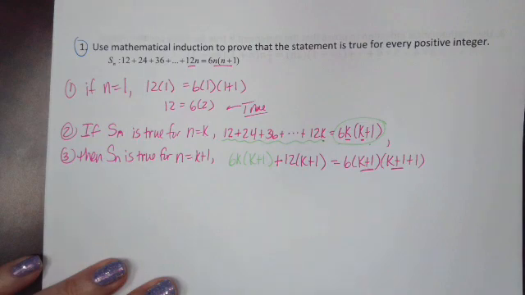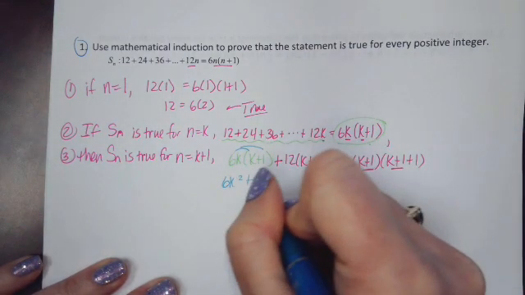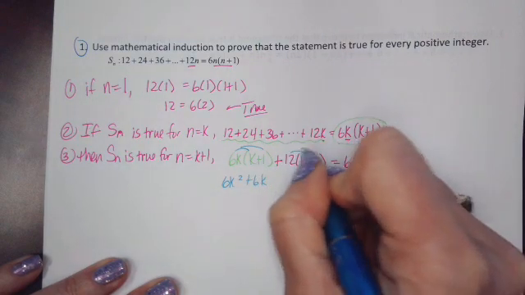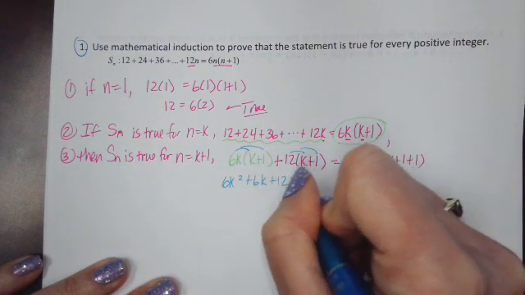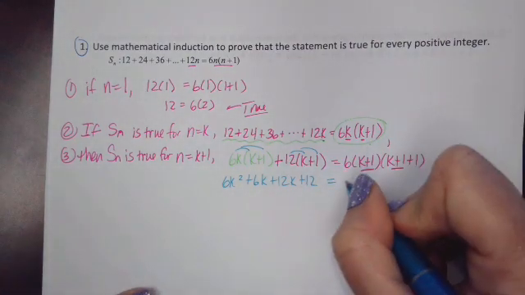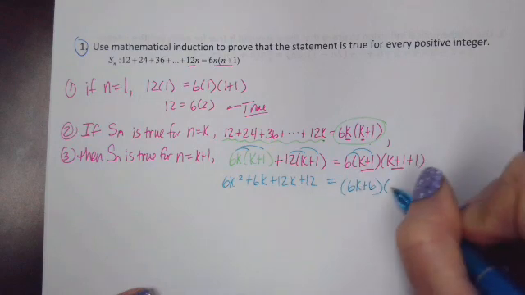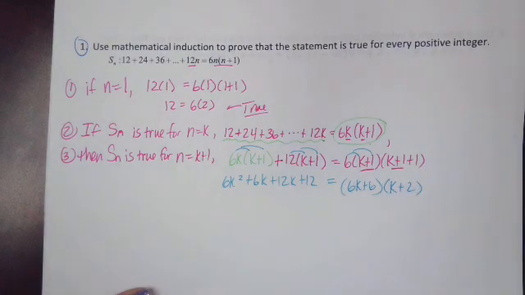Let me switch colors. Over here, I've got 6k squared plus 6k. Then I distribute here, so I've got 12k and 12. And on the right side, I distribute here. That gives me 6k plus 6 times k plus 2.